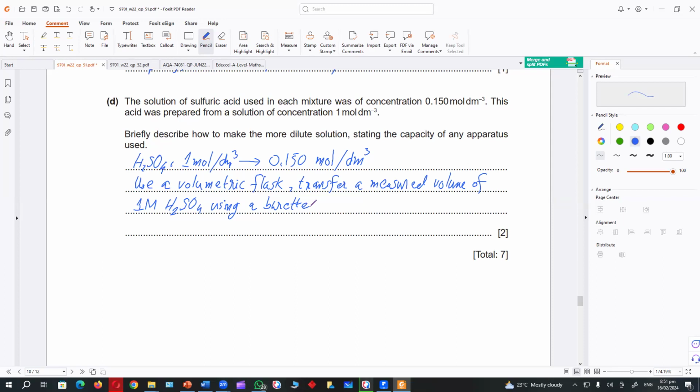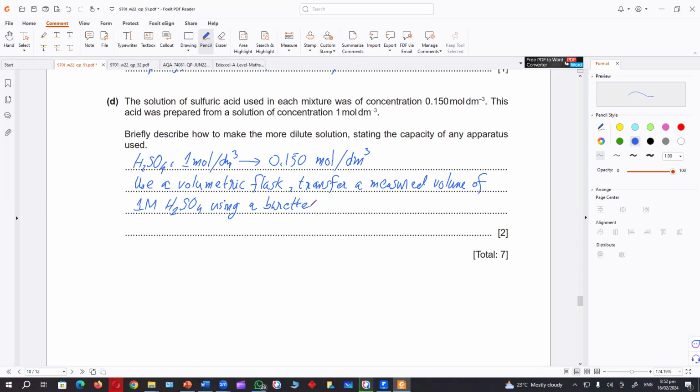We have to reduce the concentration. That is fine, but how do we get it to 0.15? Our target is 0.15. So this is my point. I have the solution now. Should I fill the flask till the level?